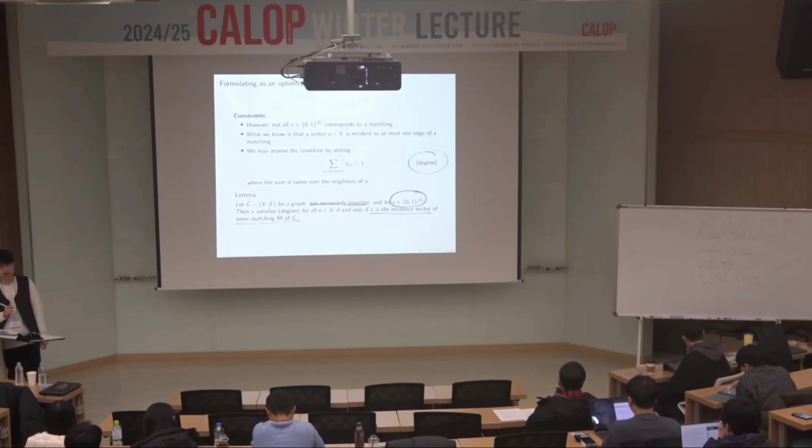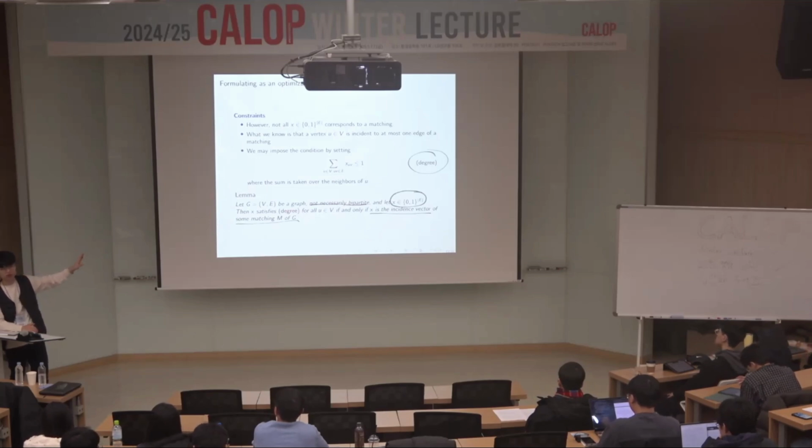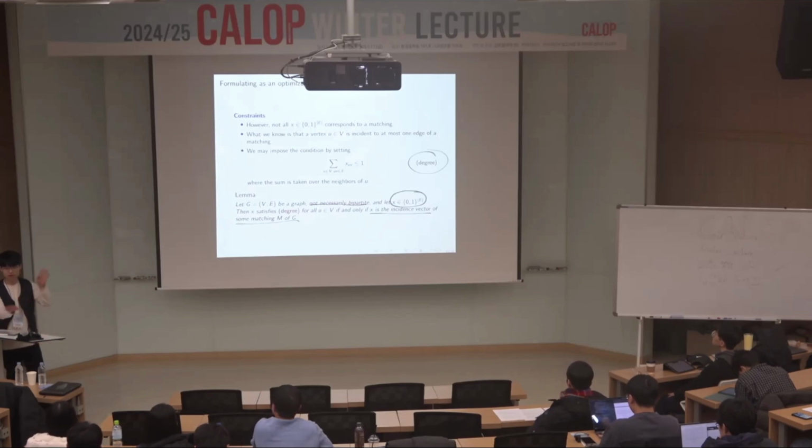You can argue this. I leave it as an exercise. It's not too difficult. Again, the conclusion is that adding these inequalities is enough to impose that what you find is a matching. There's no conflict between two edges after you impose this condition.